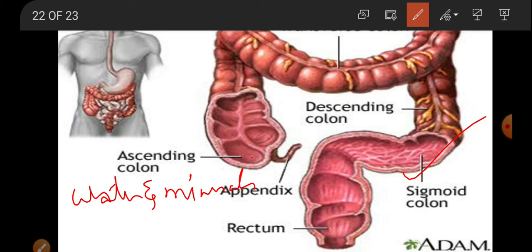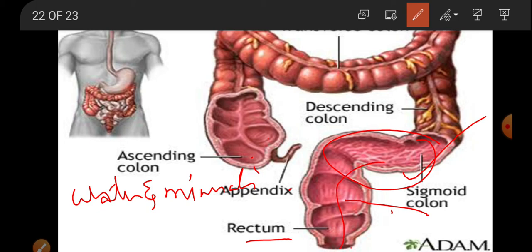Now in this particular large intestine, the canal part of the large intestine is called the cecum, and the cecum, when it is coming down, swells up and forms a storage unit that is called the rectum. After this rectum, it comes out through the anus and is eliminated.